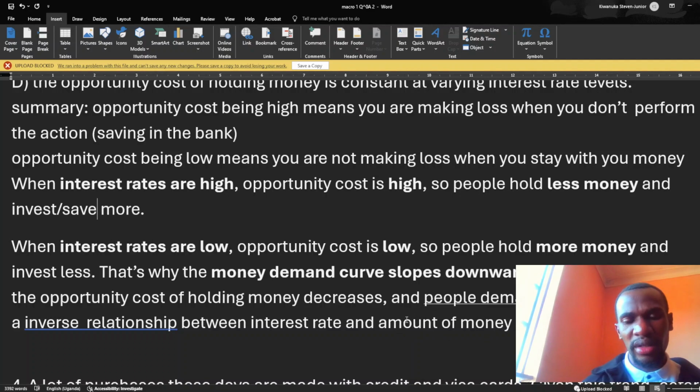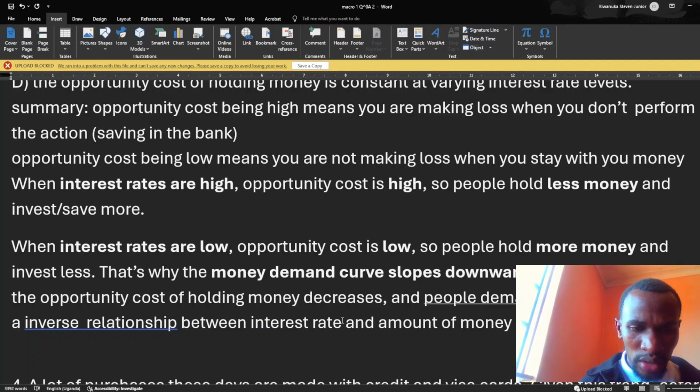As the interest rate falls, the opportunity cost of holding money reduces, so people demand more money instead of saving it.